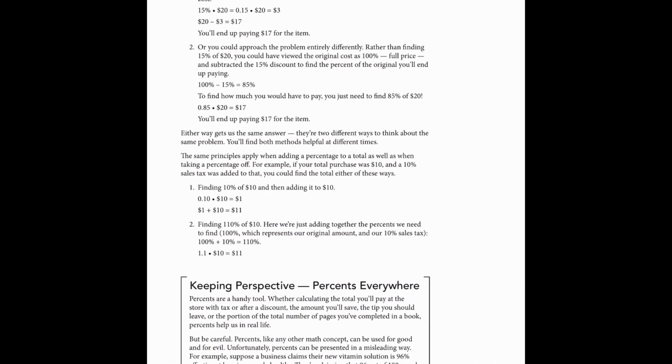All right, so they go into this long explanation, but there are essentially two ways to figure this out. One is you can figure out what 15% of $20 is, or you can figure out what 85% of $20 is. All right, so you might be wondering, how'd you get the number 85?